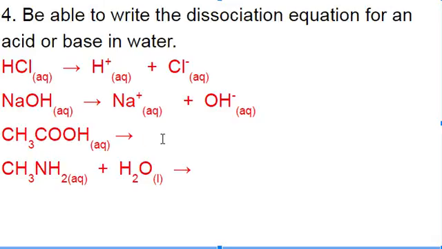And typically IB will let you know if you have to include the state symbols. But with the dissociation equation, especially when I'm not showing that it's added to water, I should go ahead and indicate it's aqueous. So then CH3COOH, that H plus is going to break off and leave me just that much with a minus charge.